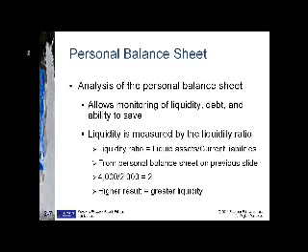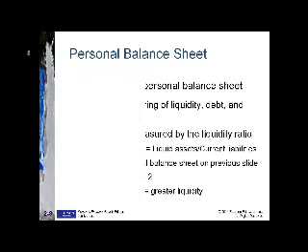And the higher that number is, the greater your ability to pay off your short-term debt. So she can pay off all of her short-term debt twice with her level of liquidity. That's a very, very good ratio.